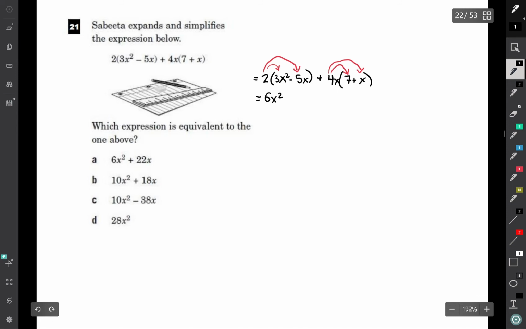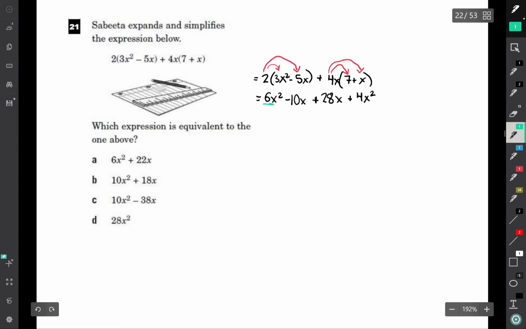I have 2 times negative 5x, that's negative 10x. Then I have positive 4x times 7, so that would be 28x. And then I have positive 4x times x, that's positive 4x squared.